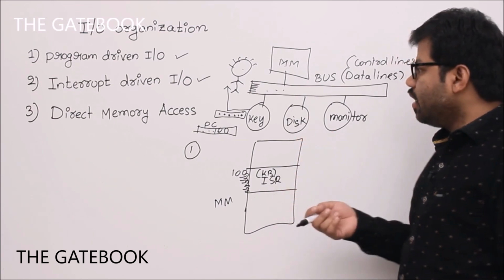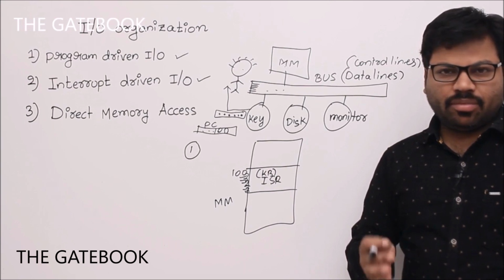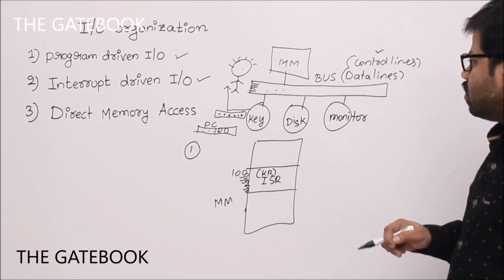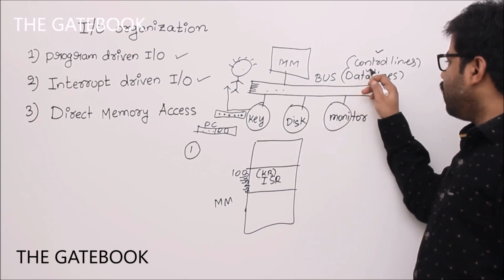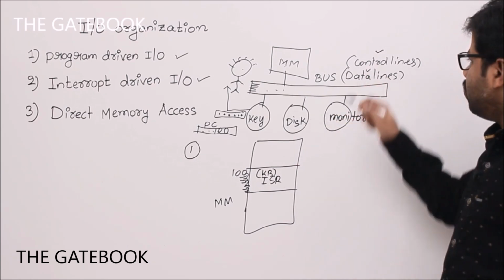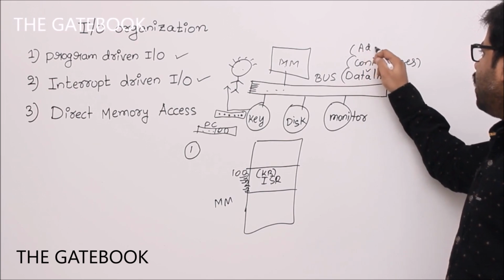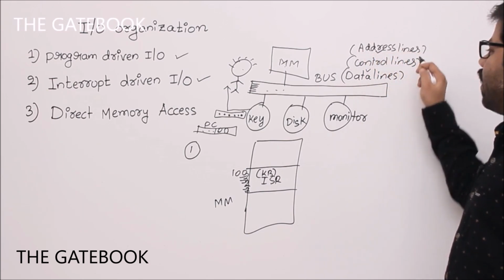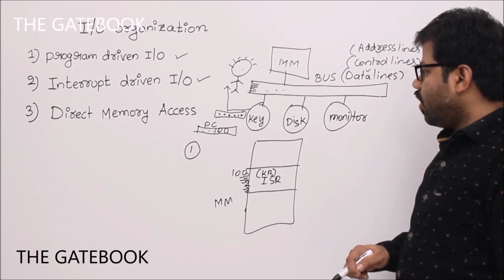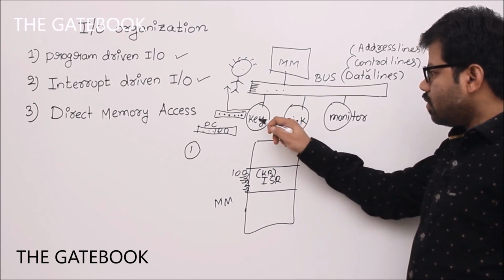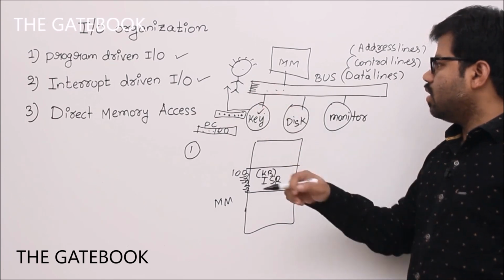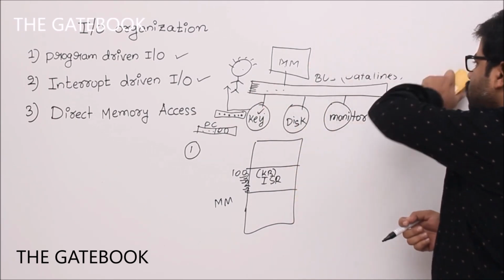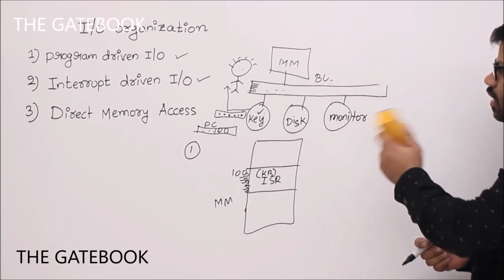It depends on your device. So control lines we use to control the operation, and data lines for sending the data. Sometimes we will also have address lines, used for specifying an address. For example, if I want to specify the keyboard's address to the processor, I can use address lines. We don't require much detail, you just understand the concept that we need this bus.